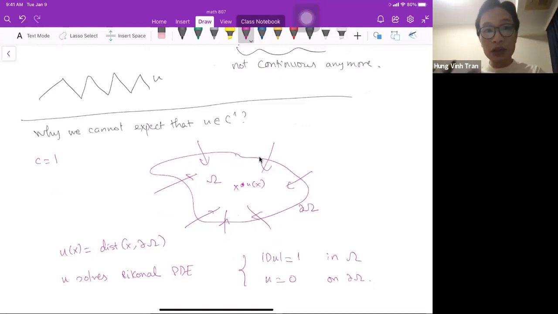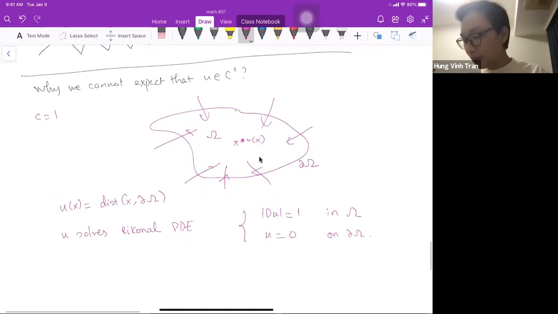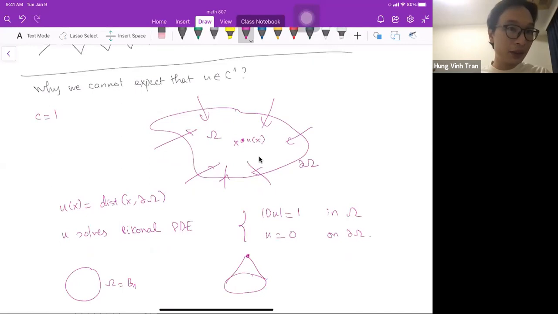If you draw the graph of u, for example, if you take omega to be just the unit ball, then the graph of u is just going to be a cone, and it has a singularity at the origin. In general, if omega is very complicated, then the distance function has a lot of singularities. And you see that u is not C1. So we cannot in general expect our solution to be C1.